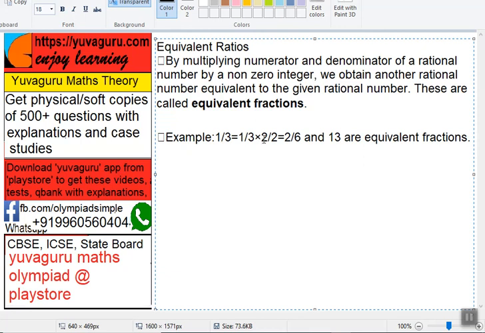If we multiply by the same number 2/2 with 1/3, numerator 2 with 1, denominator 2 with 3, it becomes 2/6. So 2/6 is equivalent to 1/3. Means, if you bring 2/6 to the lowest form, 2 1s are 2, 2 3s are 6, so the answer will be 1/3. Similarly, if you multiply by 5/5, then also it will be equivalent.